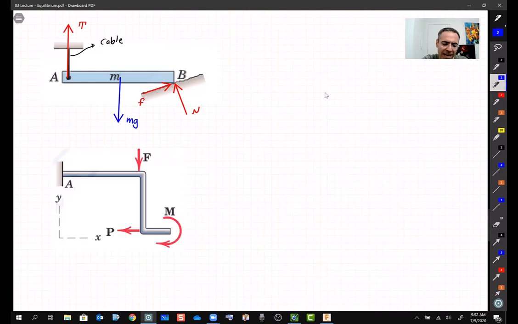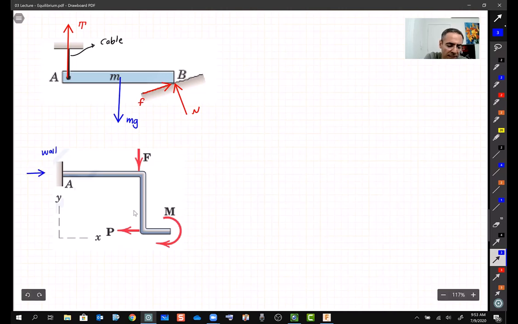And then the last one looks like a pipe or something, but it's a 2D pipe, and it's attached to a wall. So again, it's been fixed to the wall. We know this support is a fixed support, and a fixed support always has three reactions. It doesn't let us move this pipe left and right, so this is one reaction.